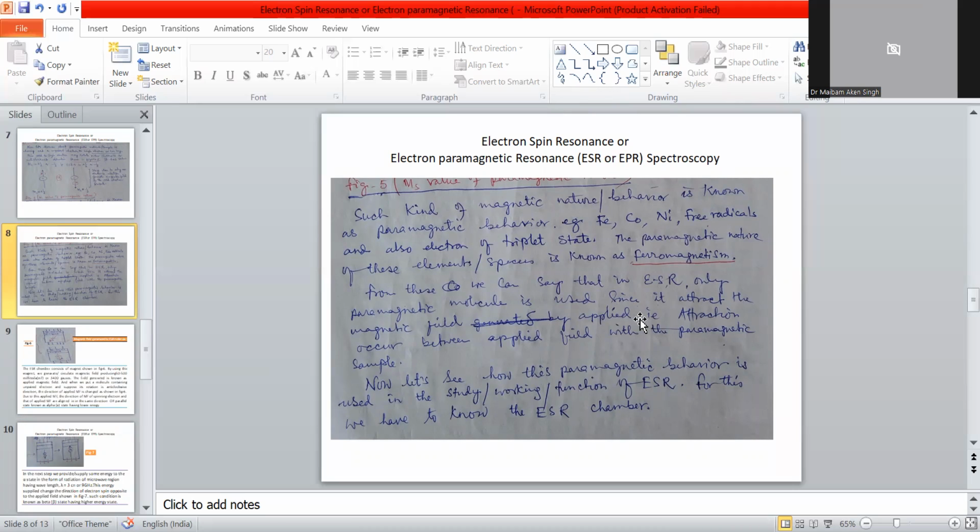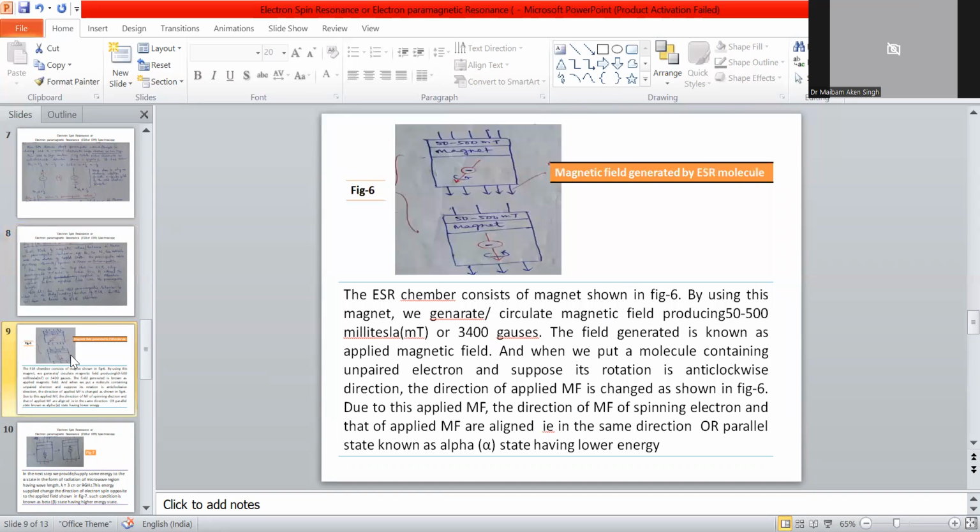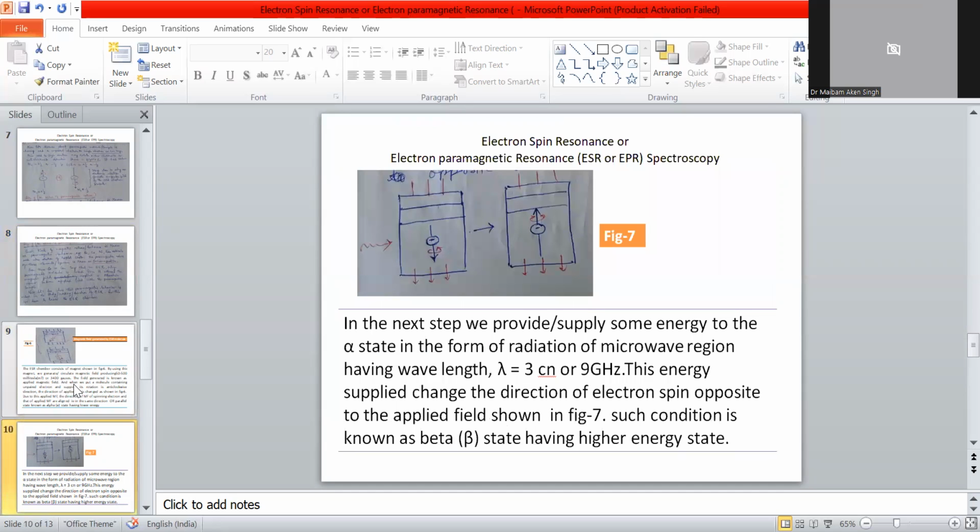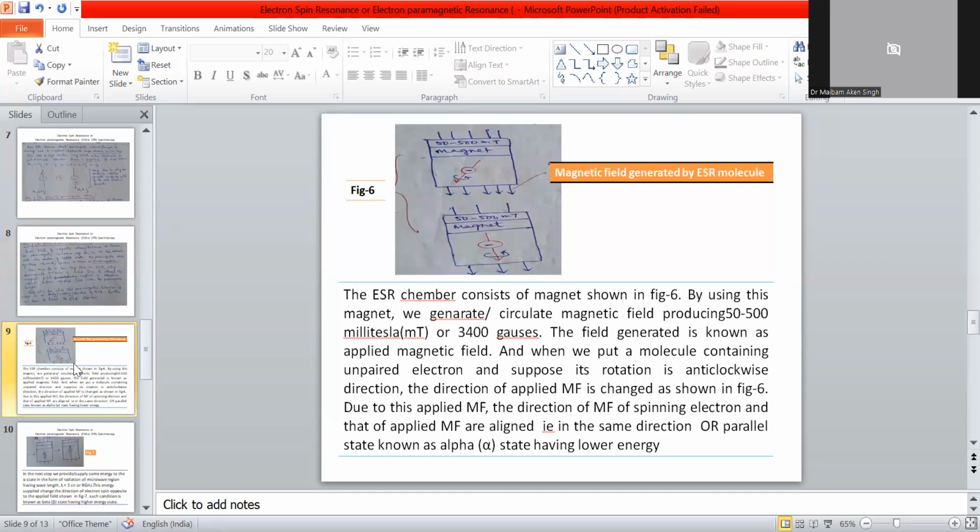Now let us see how this paramagnetic behavior is used in the working of ESR. For this, we have to know the ESR chamber. As shown in figures 6 and 7, in the ESR chamber one magnet is present.